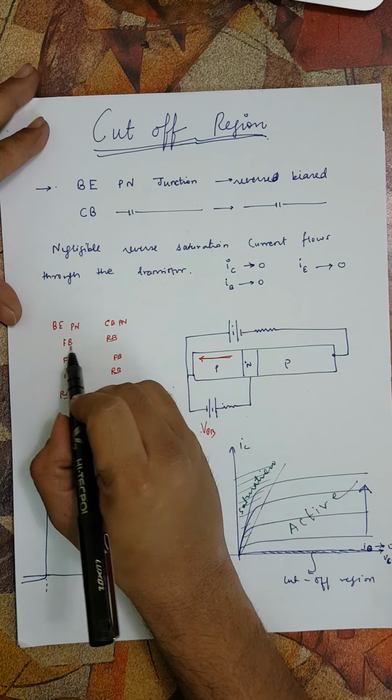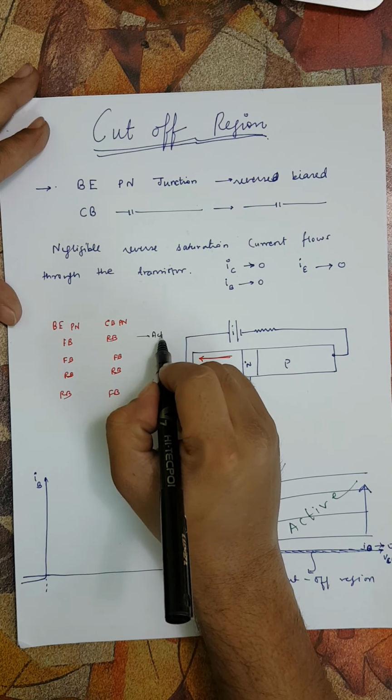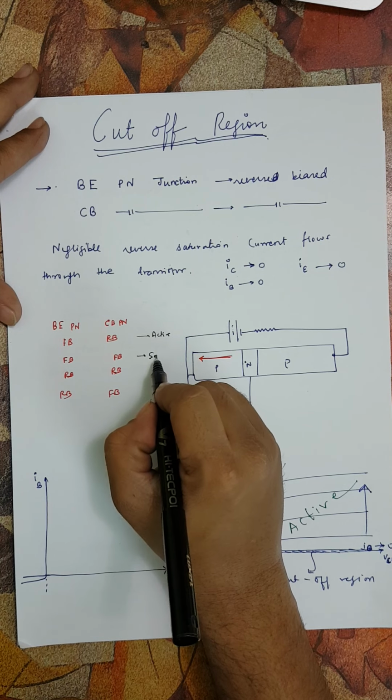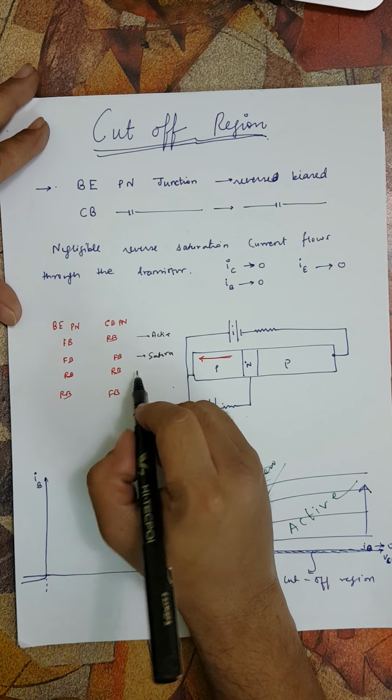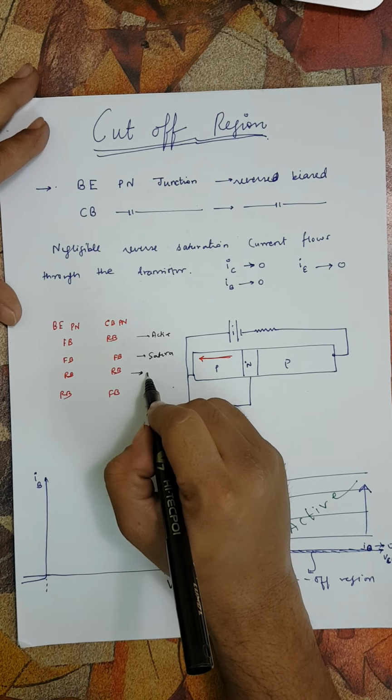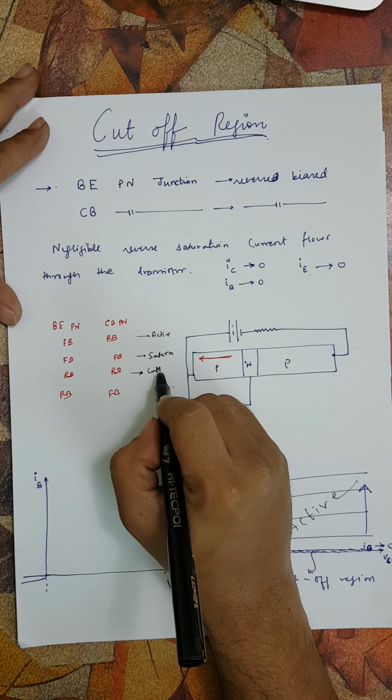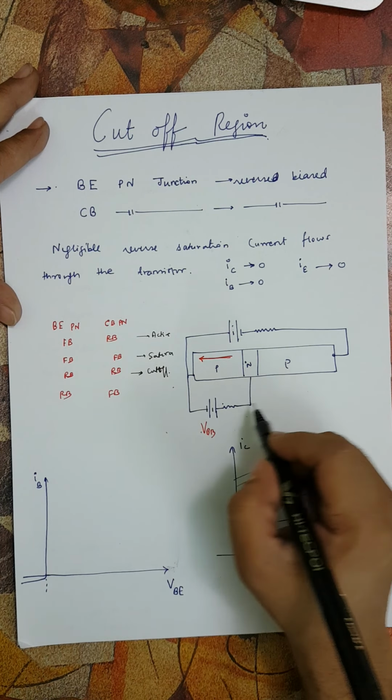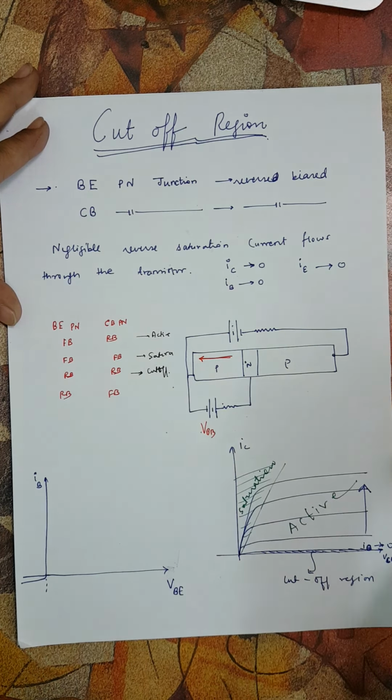So now we know that forward bias and reverse bias means the active state, both forward biased means saturation, and both reverse biased means the transistor is in the cutoff stage, nothing happens, so not much current flows, negligible current.